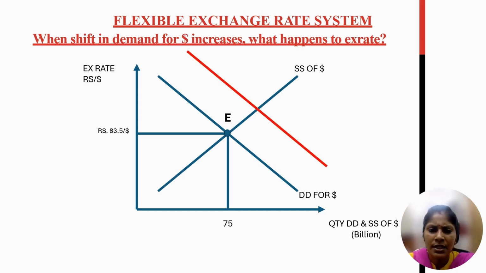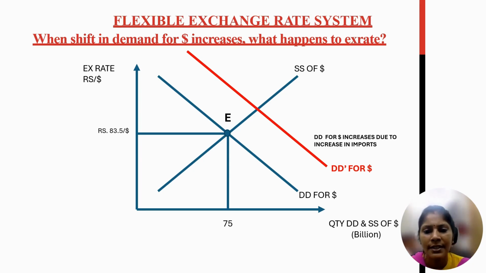We will see now when there is an increase in the demand for dollar, which may be because of an increase in the imports of goods and services, keeping the supply of dollars constant. The new equilibrium happens at a point where DD1 for dollar is equal to the supply of dollar, at point E1.